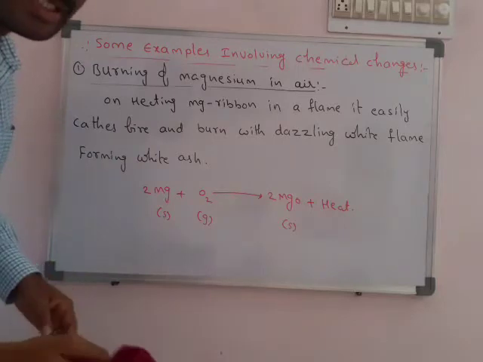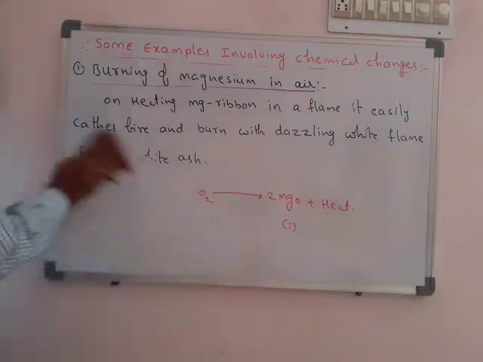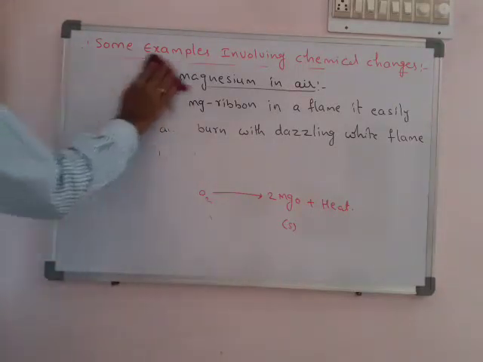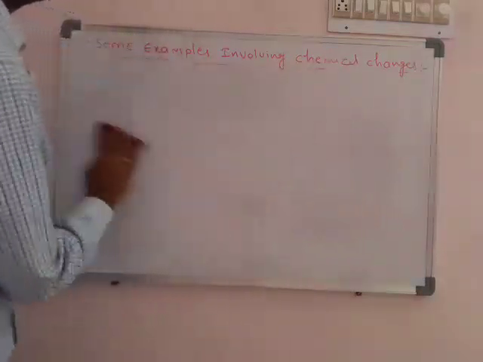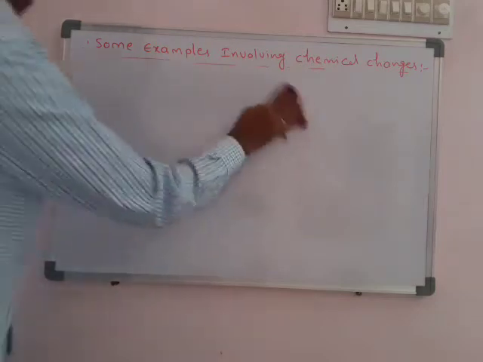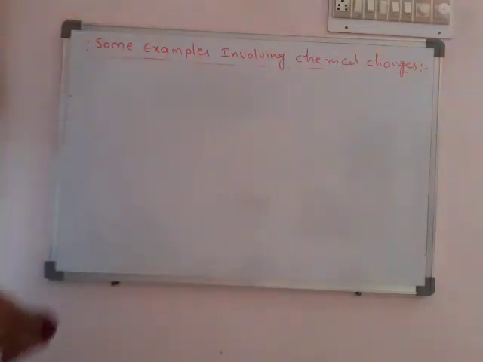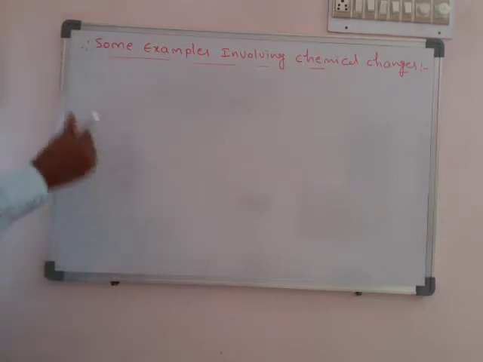Okay, we'll see the next one. The next example is rusting of iron.